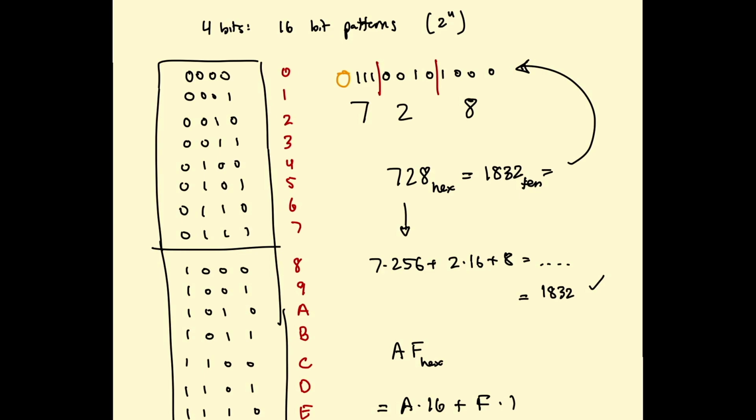Each group of 4 bits is exactly one hexadecimal symbol, so you don't have to think as much to go between hex and binary. That's why hex is so useful in computing, as a shorthand for binary.